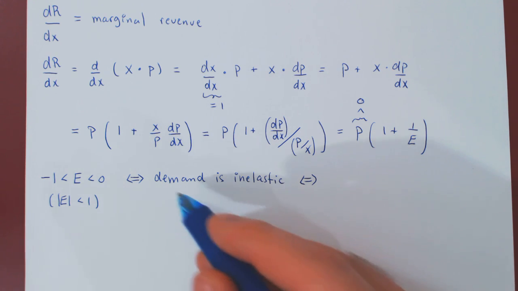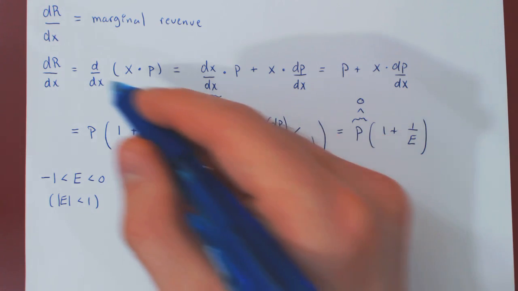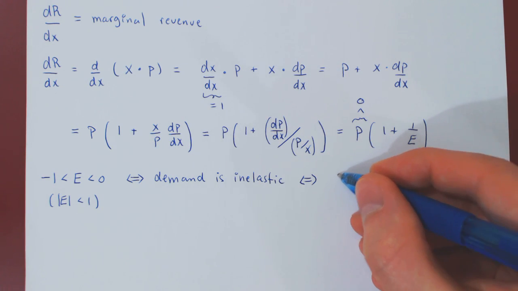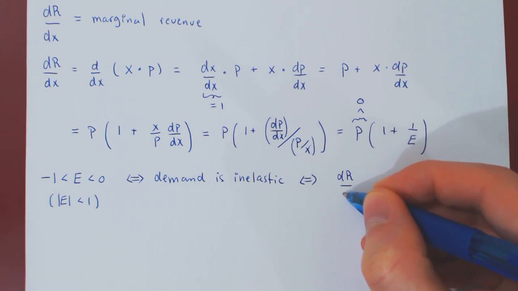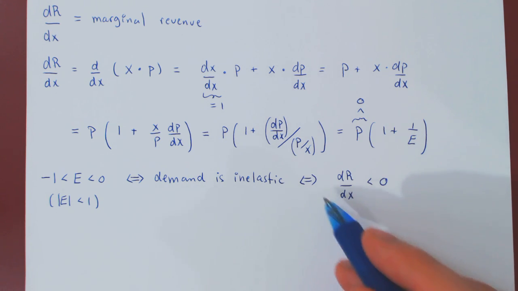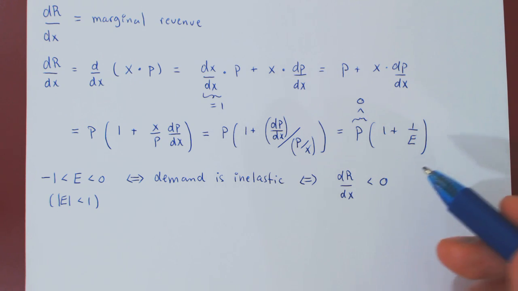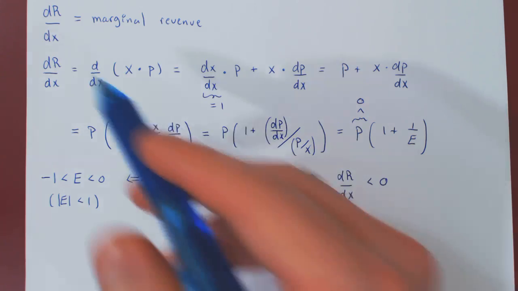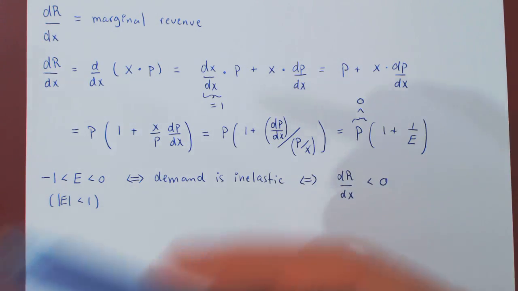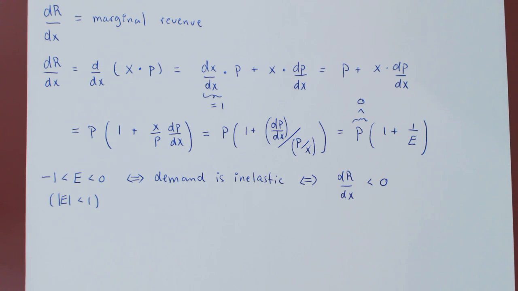So you see, the demand is inelastic if and only if the marginal revenue function is negative. So when the marginal revenue function is negative, or when the revenue function is decreasing, as the marginal revenue function is nothing but the slope, the derivative of the revenue function, then the demand is inelastic.